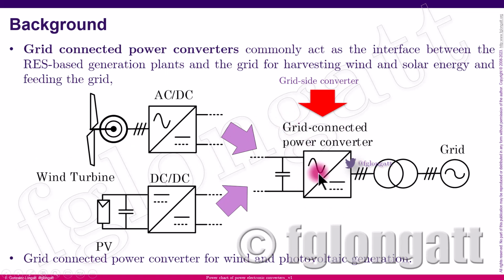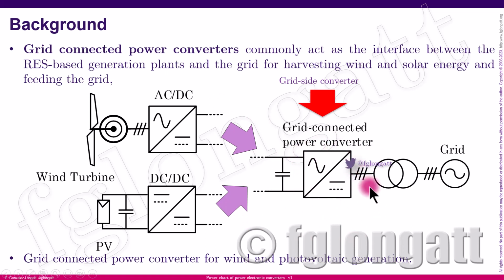Low carbon technologies can use a chain of power converters, several converters connected in cascade to do different jobs. But the most important one for the discussion today is the last one, that is the interface with the grid. We call this converter the grid-connected power converter.